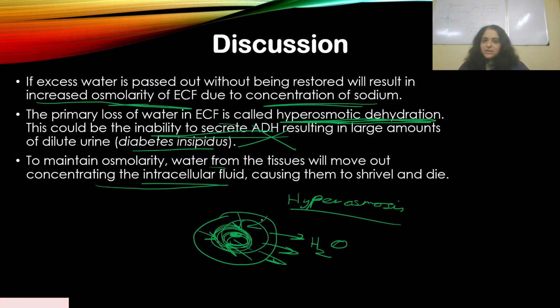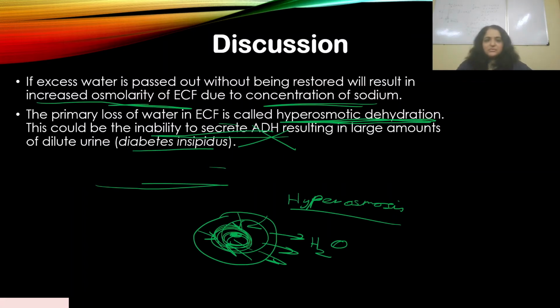Remember, a hyperosmotic region is also formed in the renal interstitial medulla, which allows for reabsorption of water to happen. Similarly over here, the primary loss of water in ECF is called hyperosmotic dehydration, and the kidneys are not able to restore the water. That happens in diabetes insipidus, when there's an inability to secrete ADH.